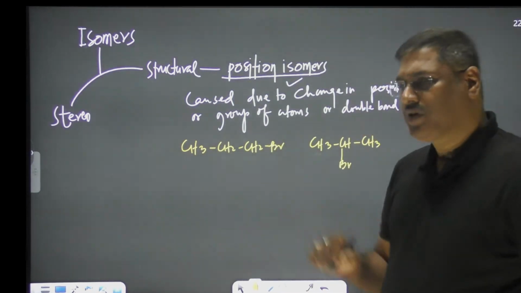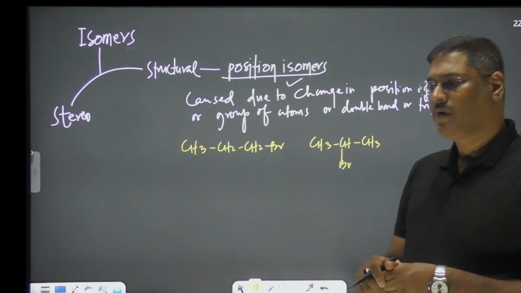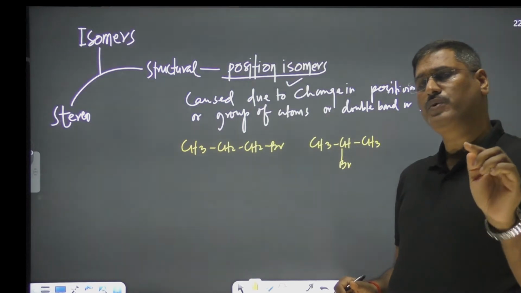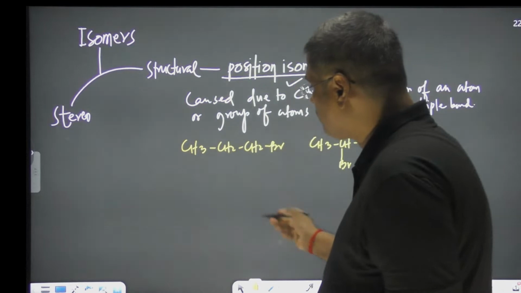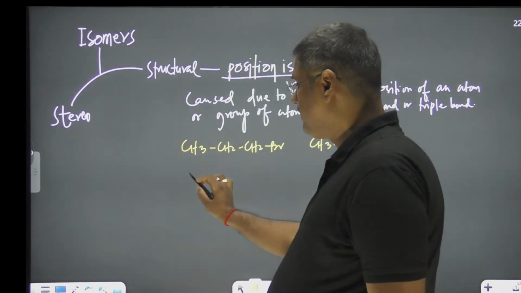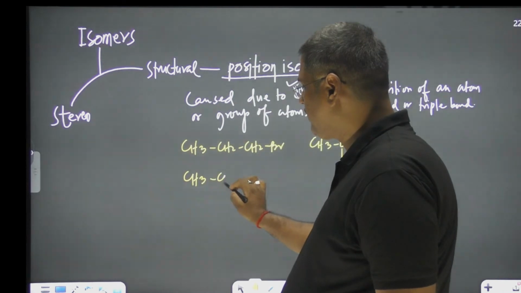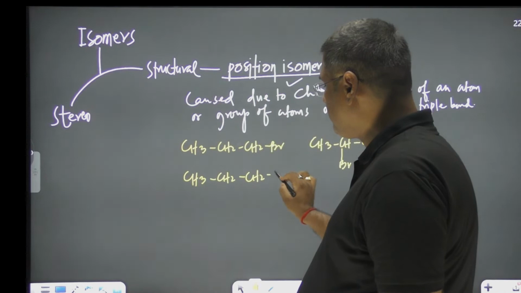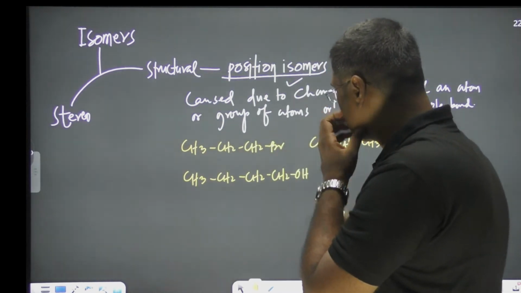But at the same time, if we take the change in position of a CH3 group, the CH3 group is also a substituent, right? See this simple example also. CH2, CH2, CH2, and here the OH.